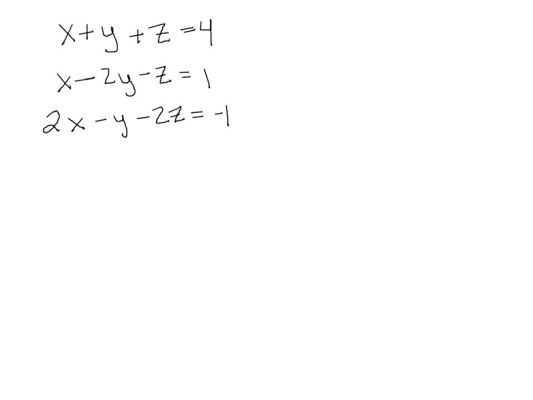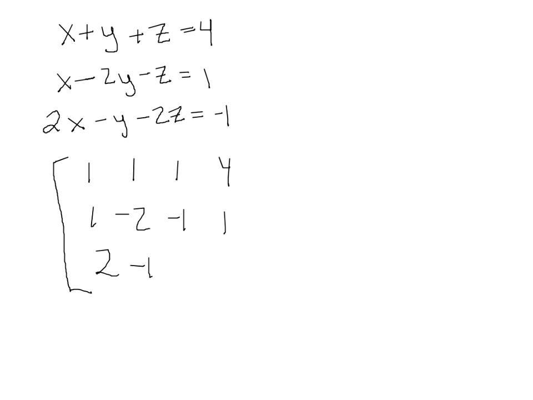Okay, now we're going to go up to 3 variables. And so it's the same kind of thing. We take the coefficients from each row and put them into a matrix. So we get 1, 1, 1, 4, 1, -2, -1, 1.